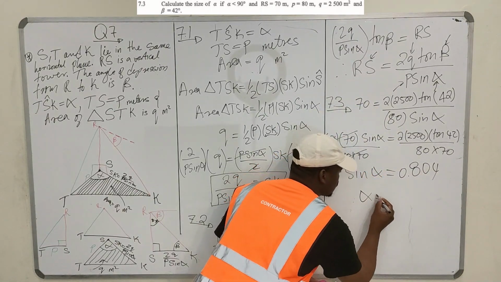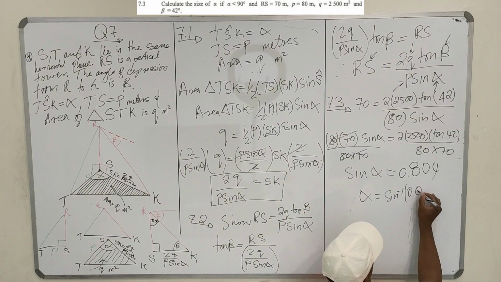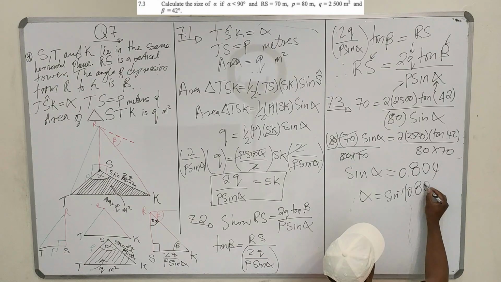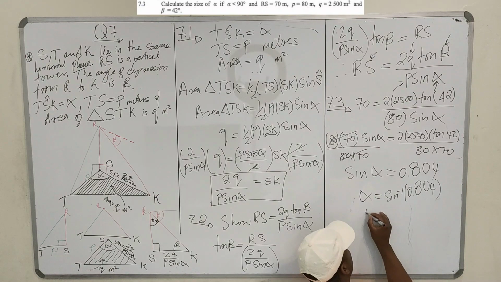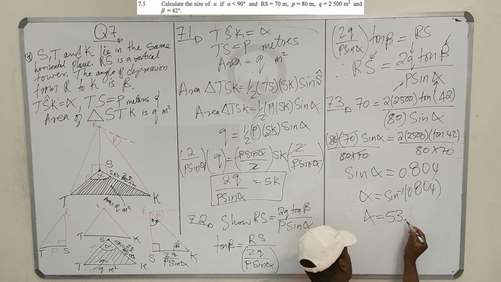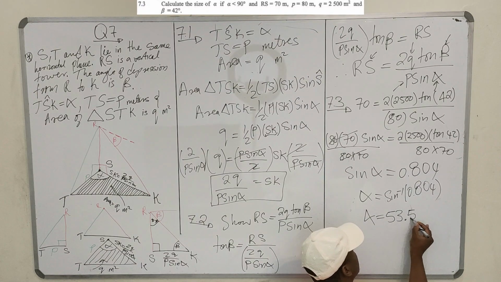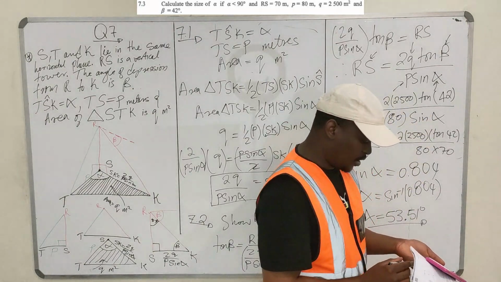So alpha is equal to arcsine 0.804. Arcsine of that, alpha is equal to 53.51 degrees. Done.